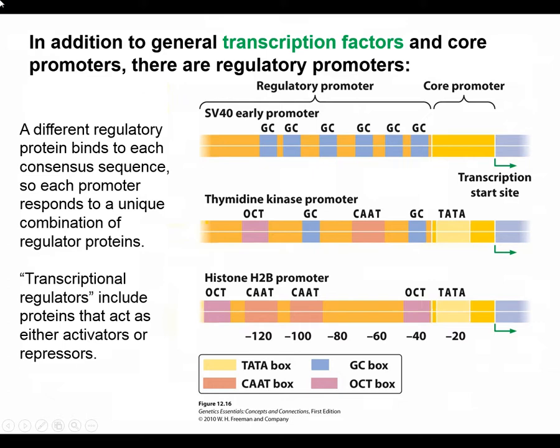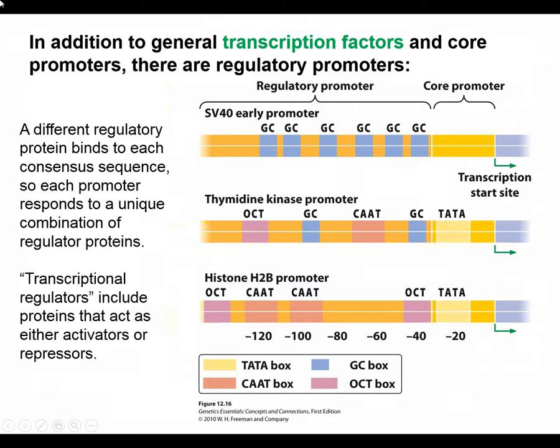So this is still the DNA shown here, and this is the core promoter of several genes. They've picked a viral promoter, thymidine kinase gene promoter, histone gene promoter. And this is just as an example. And so they show the core promoter here, and then these regions, these are part of the DNA, but they have certain sequences, and there are certain proteins that bind to this.